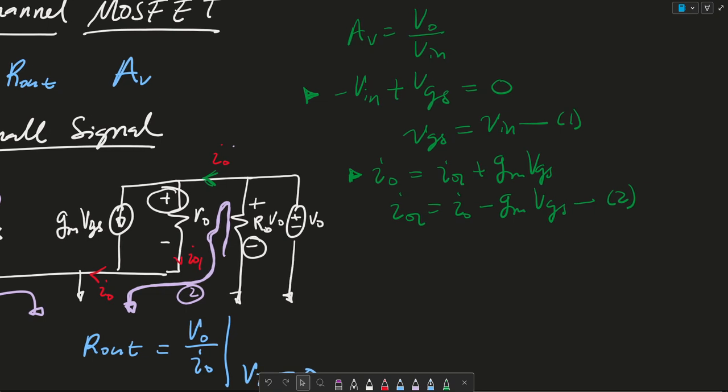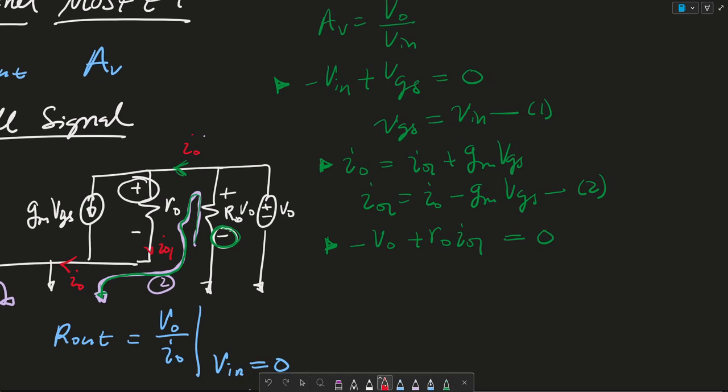And lastly, let's do a KVL at loop 2 right here. And we could say that this is minus VO, right? Because the current's going into the negative terminal. So minus VO plus RO IO1 is equal to 0.